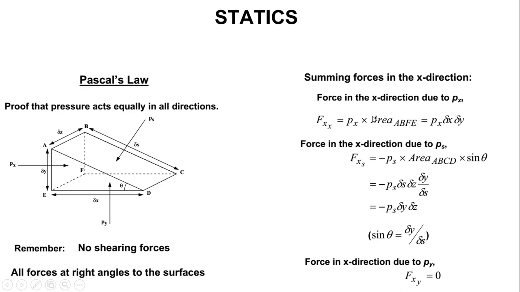So which means it's at area A, B, F, E, this side. So which means PX is exerting pressure on this face, which is A, B, F, E. So from there what we need to do is to find this area. In this area we know that its area is equal to length times width, so it's equal to this multiplied by this side.